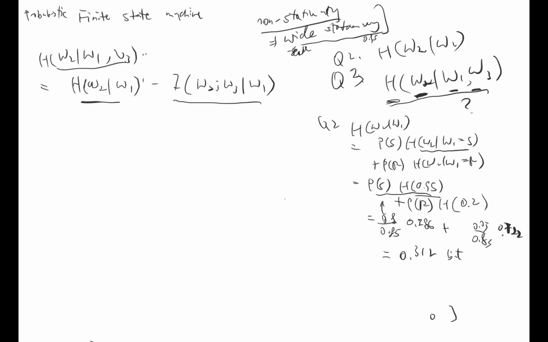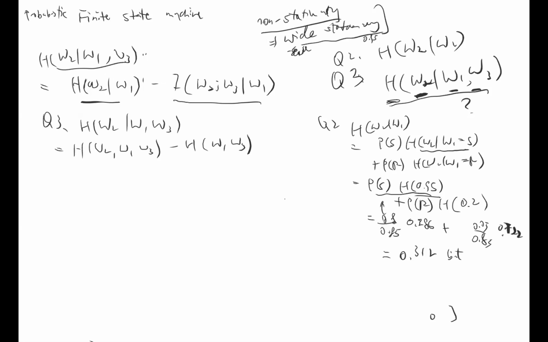Let us just numerically compute what this is. Let's just do this from first principle, it's kind of easier. So this would be H of W2, W1, W3 minus H of W1, W3, right?